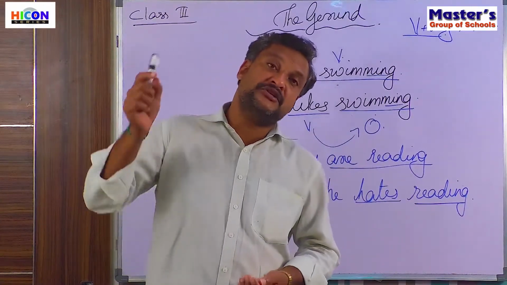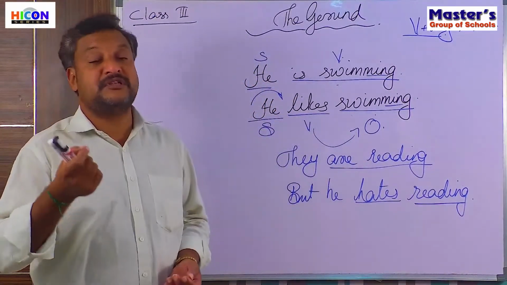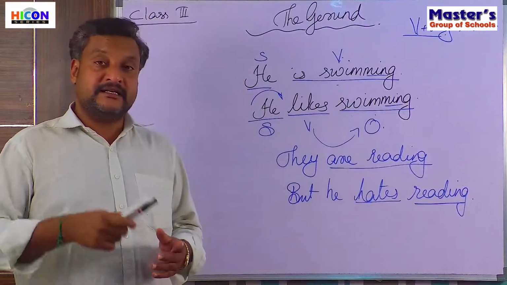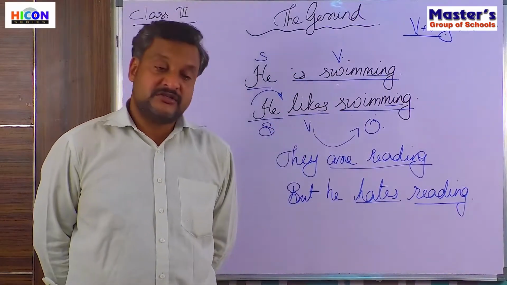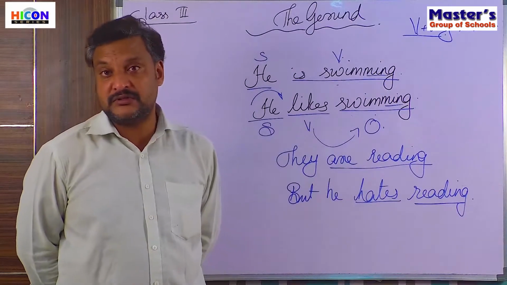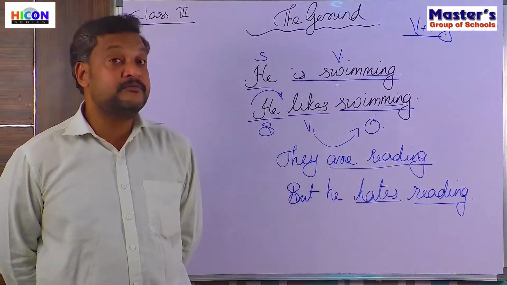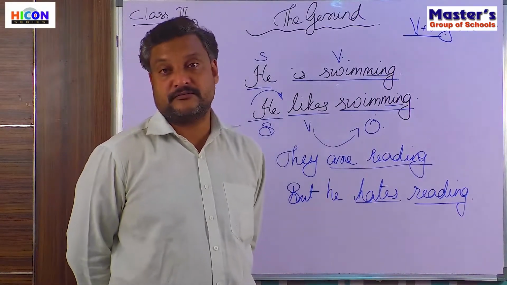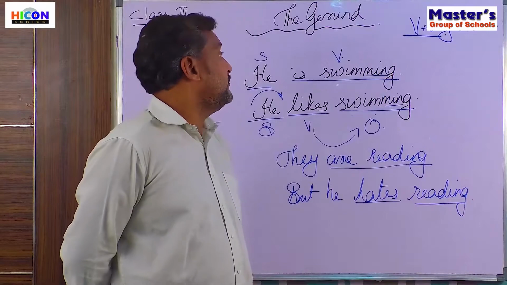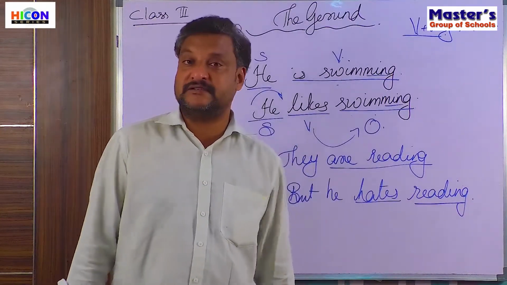So the ing form of a verb can be used as a noun in a sentence, and such nouns are called gerunds. So gerunds are verbs, which verbs? Ing forms of the verbs which are used as nouns. Okay? So now we will do an activity related to this.